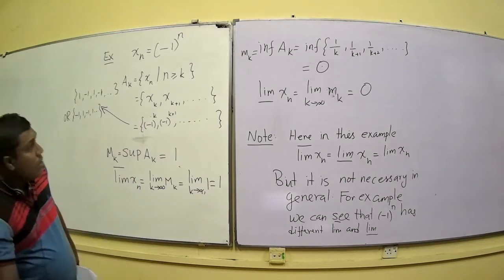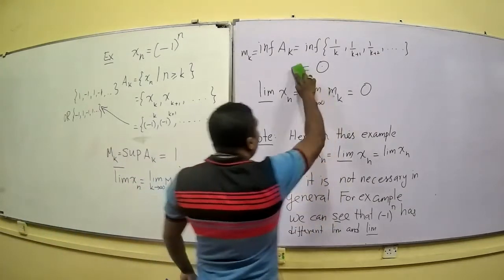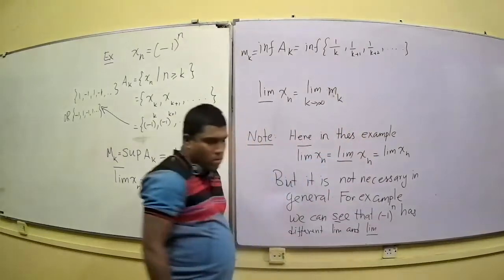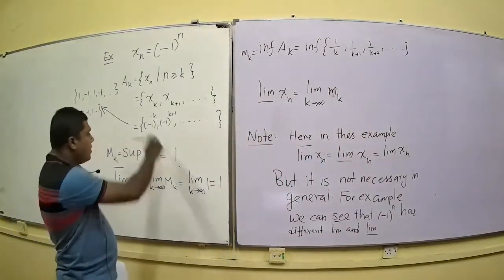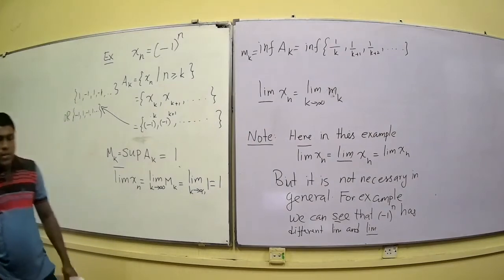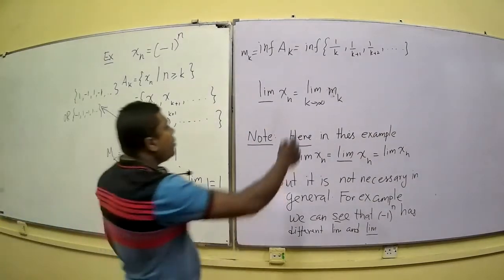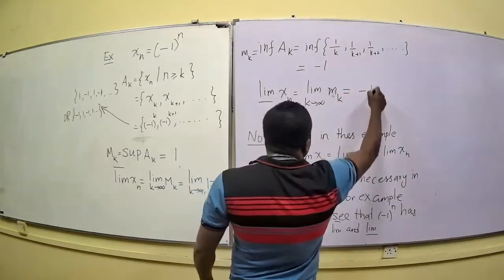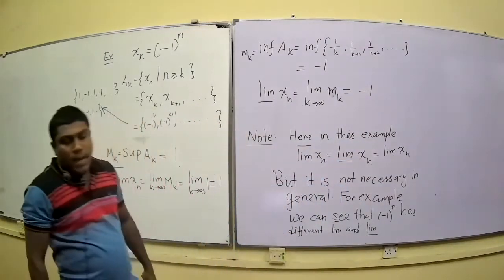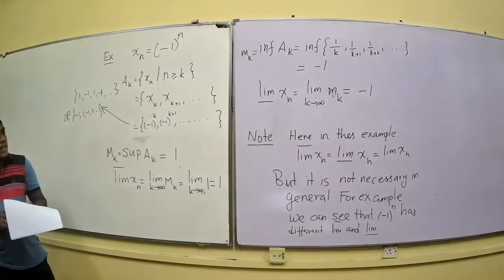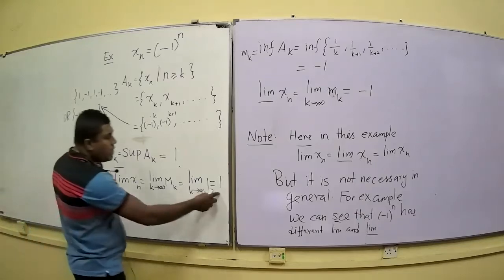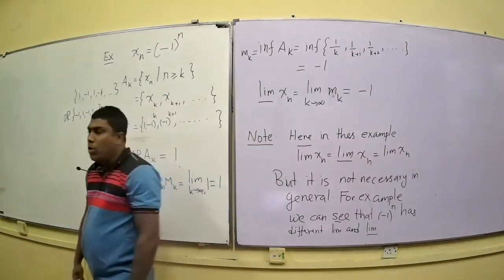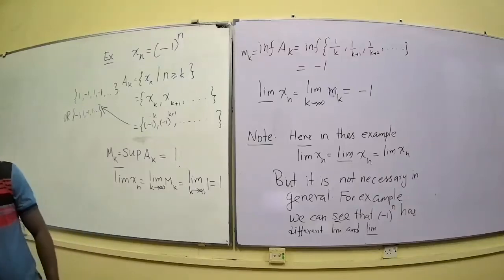At the same time, the infimum of the set is -1, so in this case the lim inf is -1. So you can see that lim sup is +1 and lim inf is -1. They are different from each other.